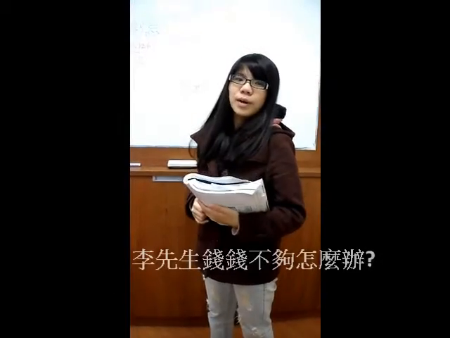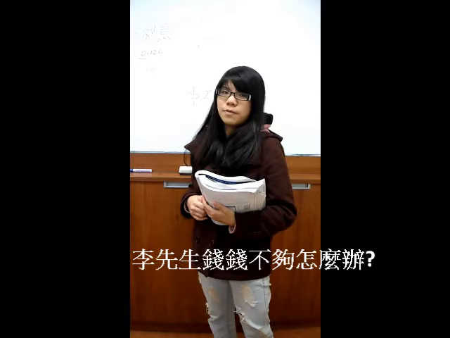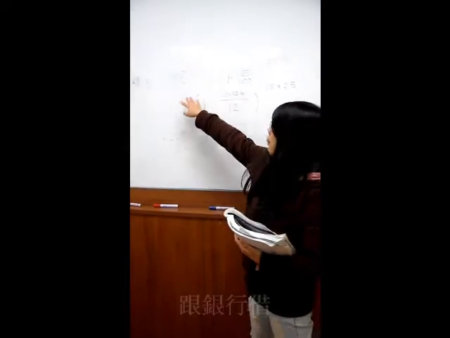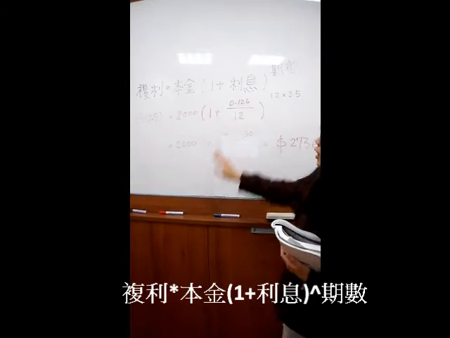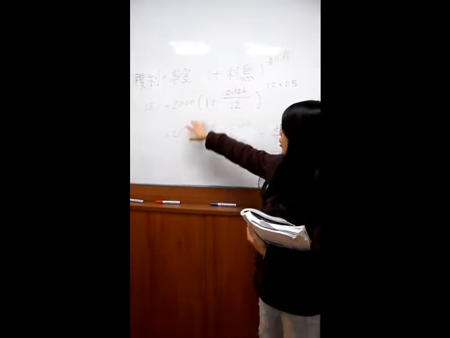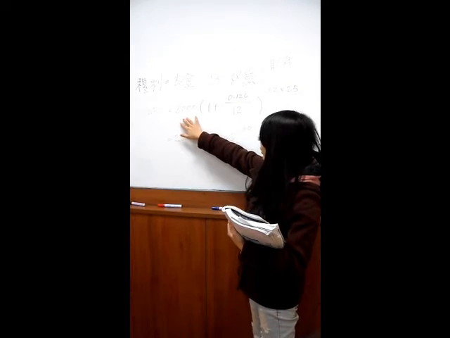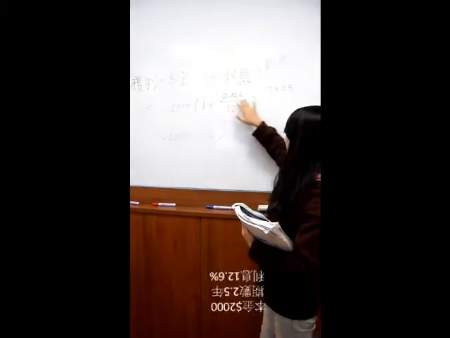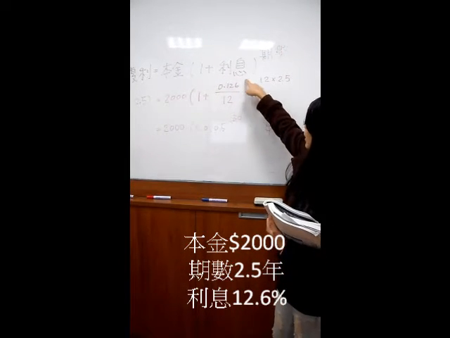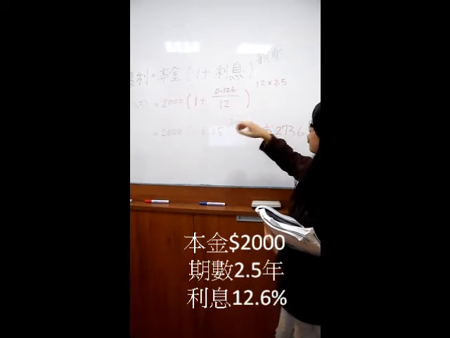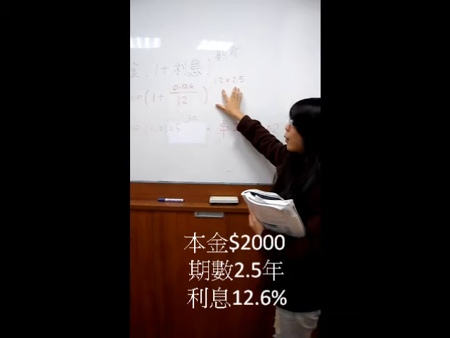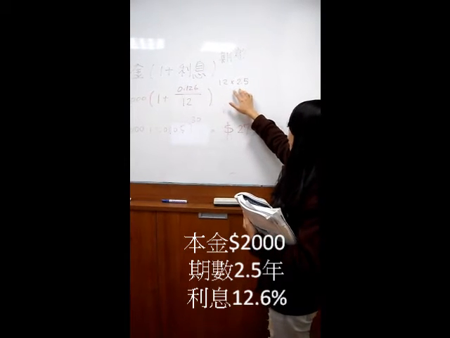Mr. Lee wanted to open a drink store, but he didn't have enough money, so he borrowed some money from a bank. And this is the compound interest formula. He wanted to borrow for 2.5 years, and he borrowed $2,000, and the yearly interest is 12.6%, but the monthly interest is 1/12 of that, and the number of periods is 12 times 2.5.